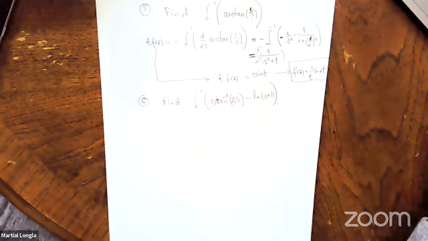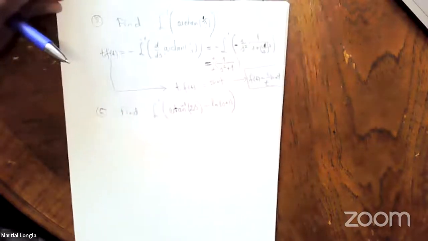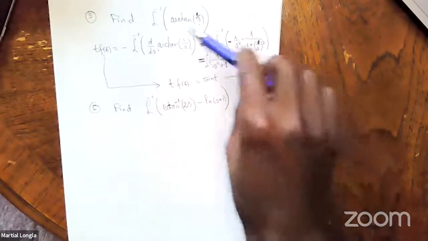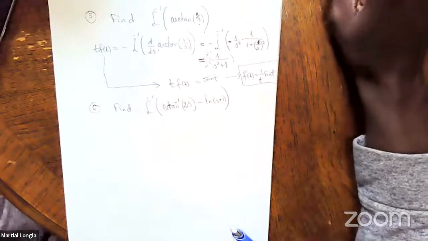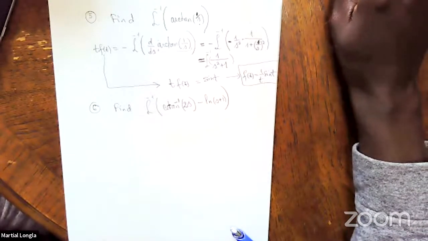Take your time, work it out, and tell me what you get. Same steps as the other one. Just that you need to figure the derivative of cotangent minus 1.